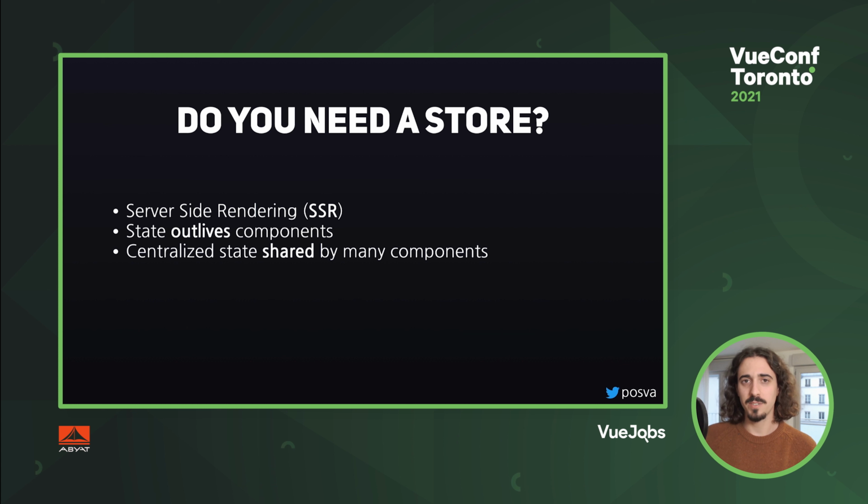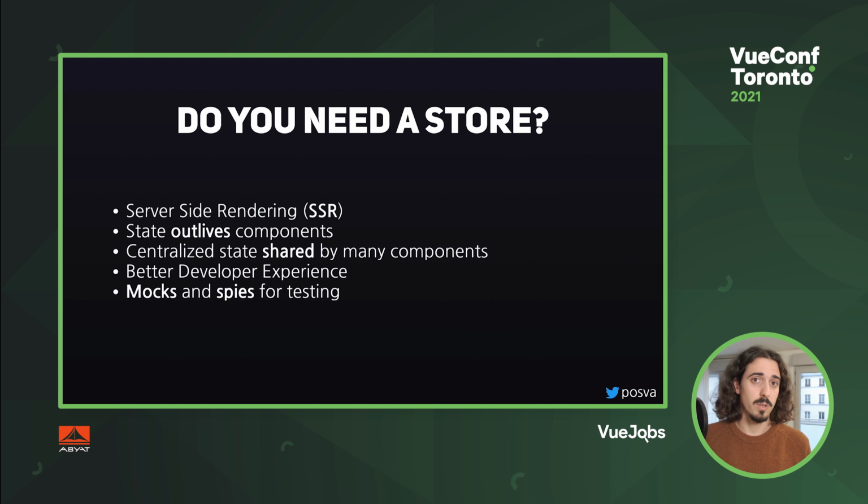So you either have to split it up and handle every single file differently if you want a centralized state management solution, or you can use something like Pinia, where even though you split them up, they still get centralized in one place, which brings you a much better developer experience, because they are in one single place, so they can be cataloged by the dev tools. And it's easier for any integration to just add anything they want. For example, a better testing strategy with mocks and spies. So you can unit test your components that are using a store without testing the store again.